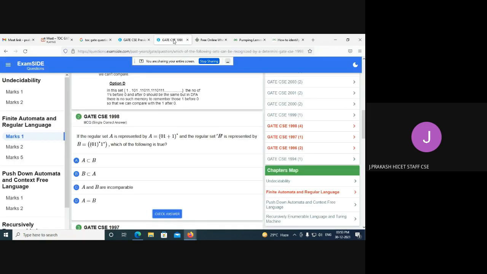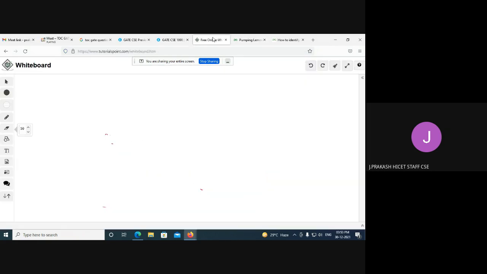What is the first expression? 0 plus 1. It's (0 1 plus 1) whole star. Epsilon, 0 1 1.